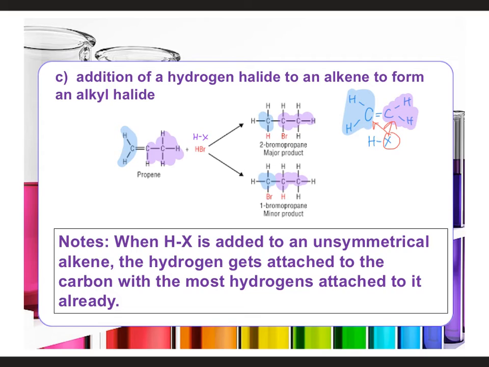Now, this time, when we're adding our hydrogen halide, what we have to look at is that the hydrogen gets attached to the carbon with the most hydrogens attached to it already. So we'd have a look at propene. Propene is not symmetrical. There is one carbon to the left of the double bond, but there are two carbons attached to the right of the double bond. So let's look at them and compare.